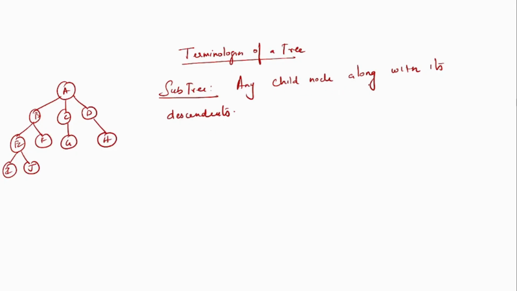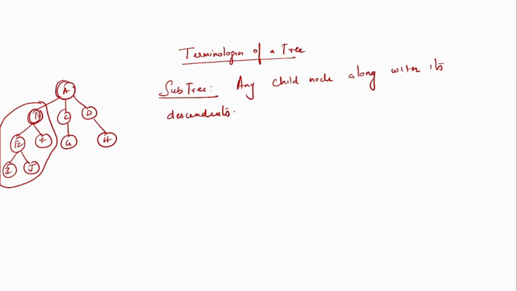Subtree: any child node along with its descendants. For example, B is a child node of A. Therefore, what is a subtree? Any child node along with its descendants.